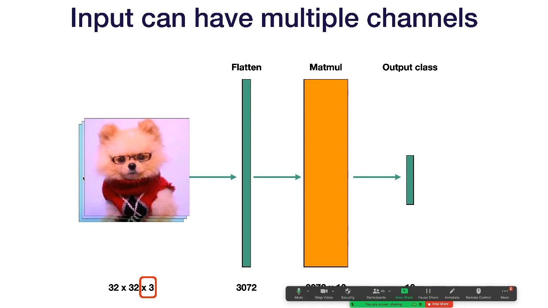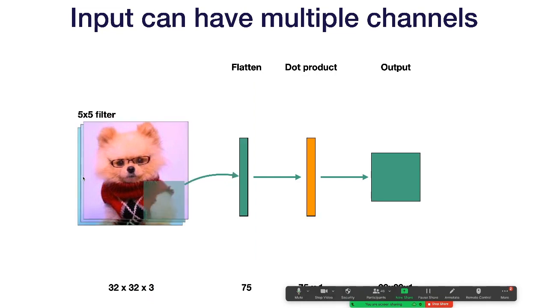And so again, if you wanted to classify an image like this using a fully connected network, you would need to flatten it, and you would have a vector that's 3 times as large as it is for the grayscale 32 by 32 image. And a similar thing happens with your convolutional filters.